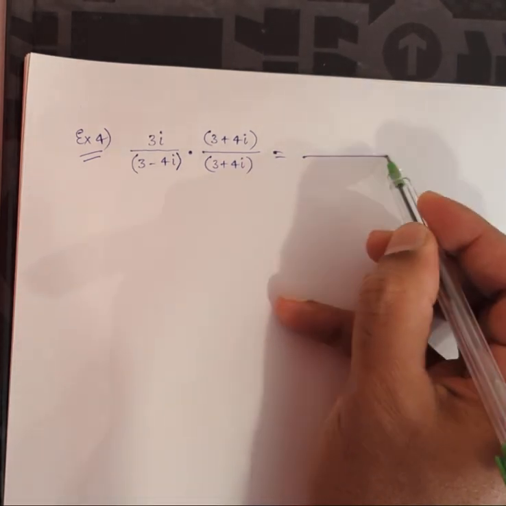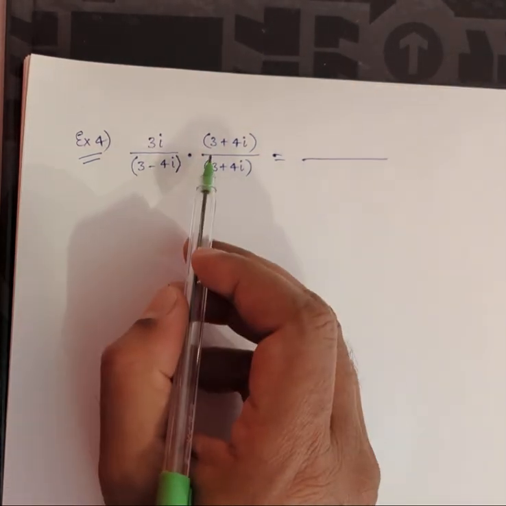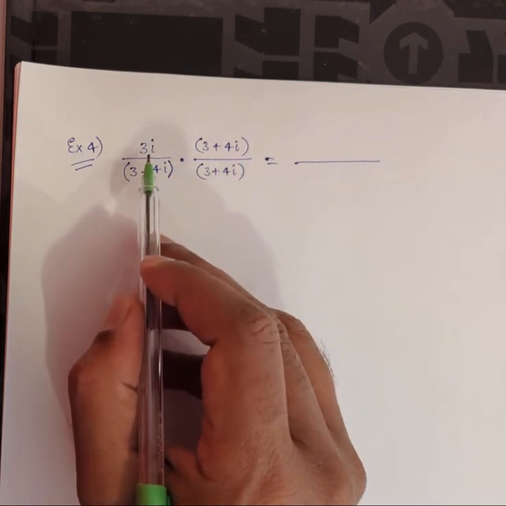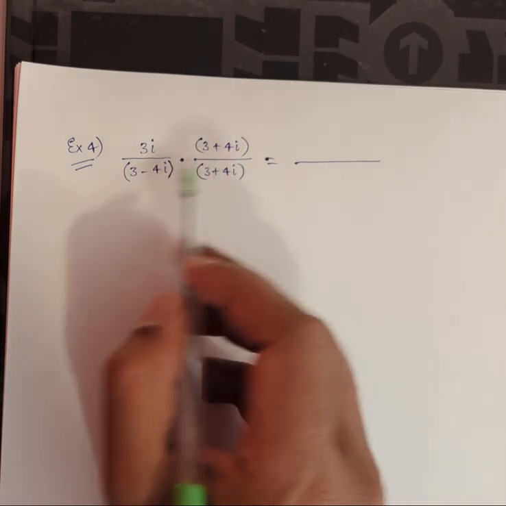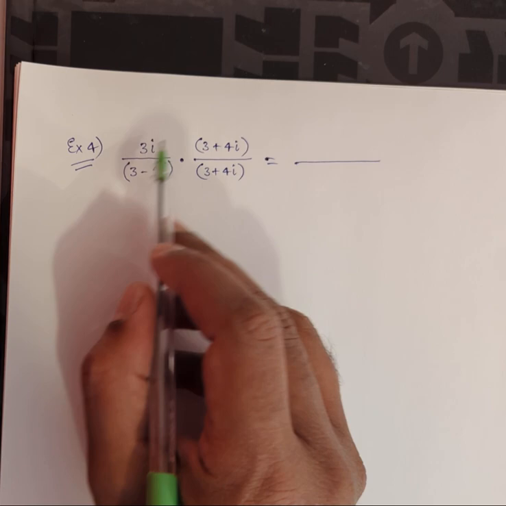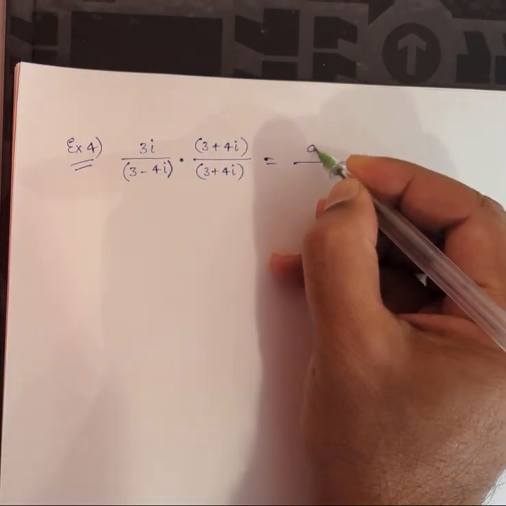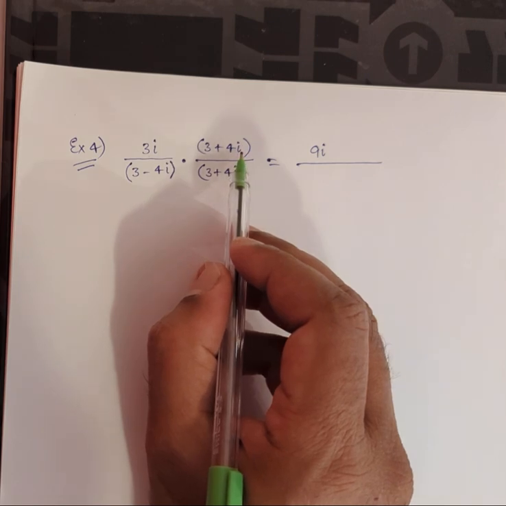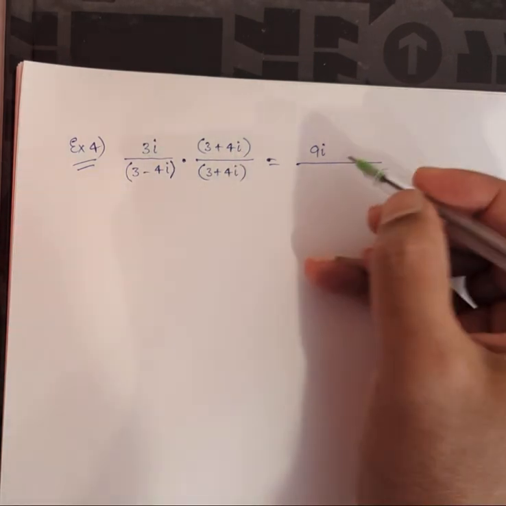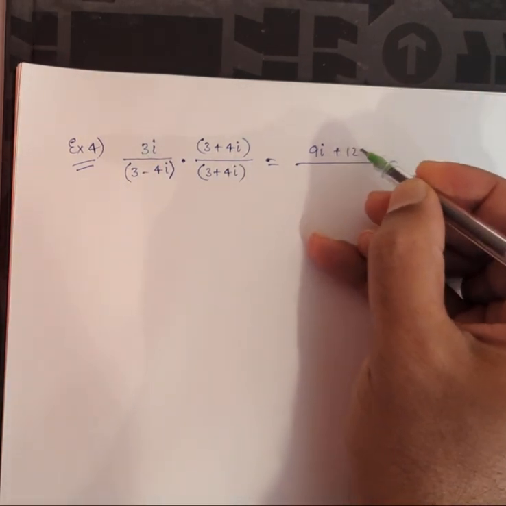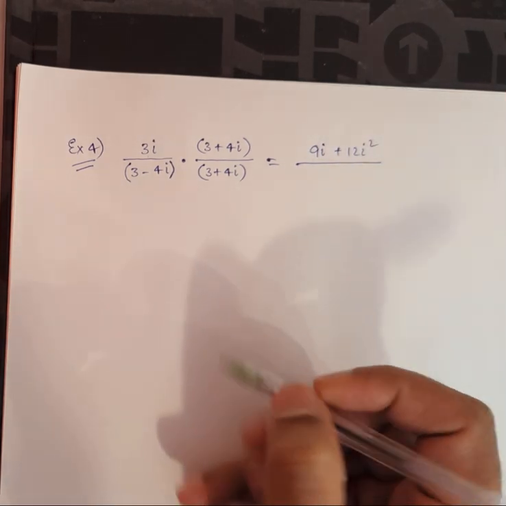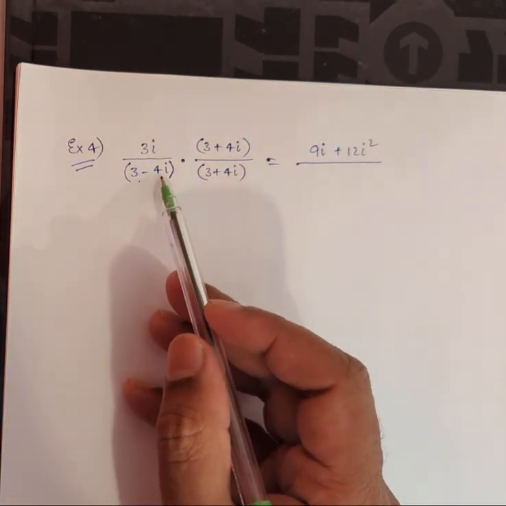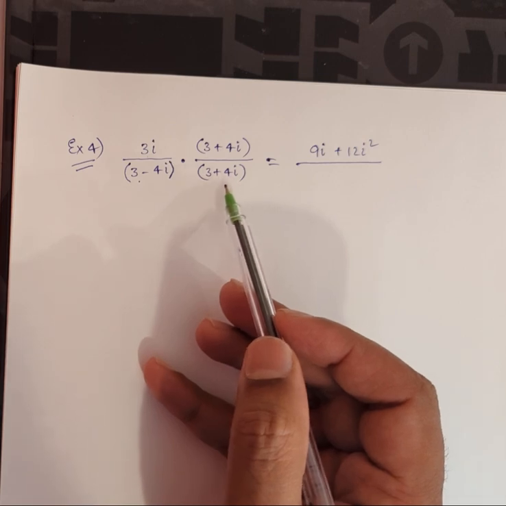Now the numerator is 3i multiplied with this binomial. Anytime you're multiplying a monomial with a binomial, you distribute it. So 3i times 3 is 9i. Then 3i times 4i is 12i square. Now what is the formula for a minus b times a plus b?